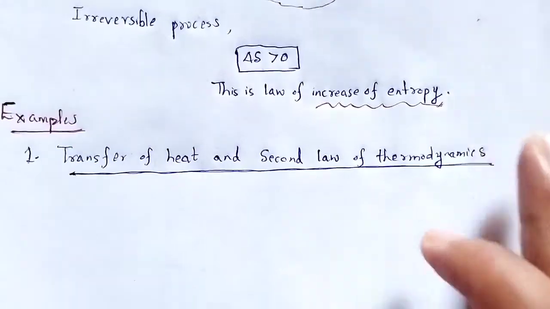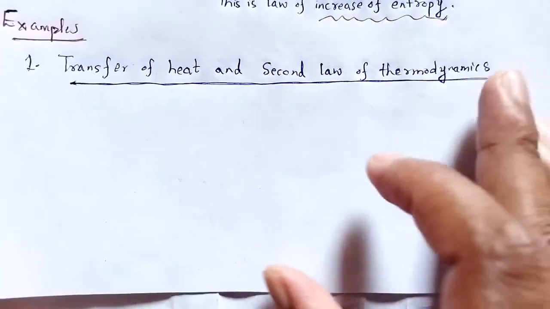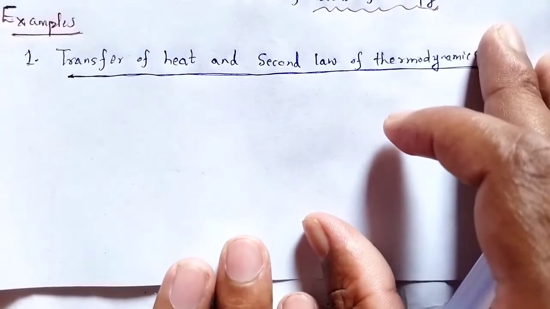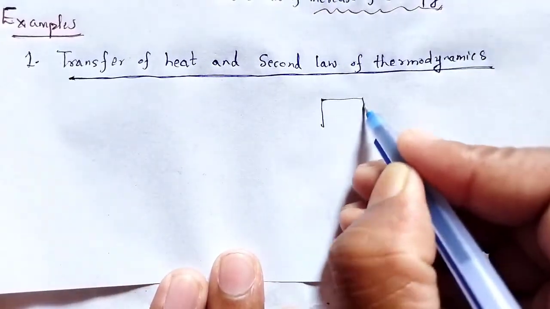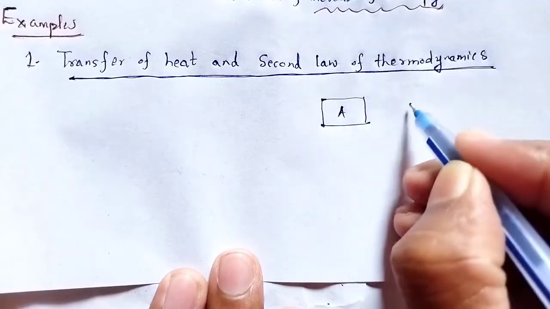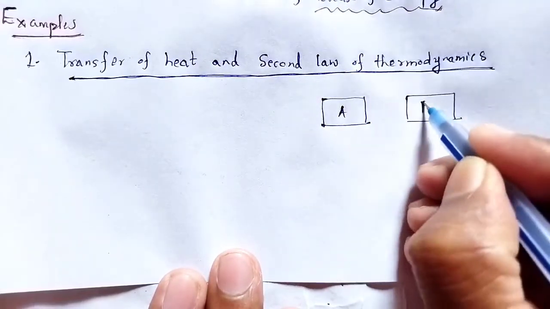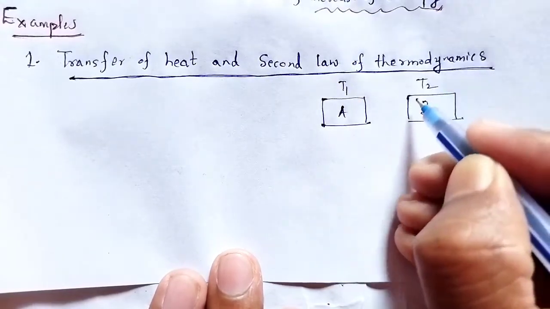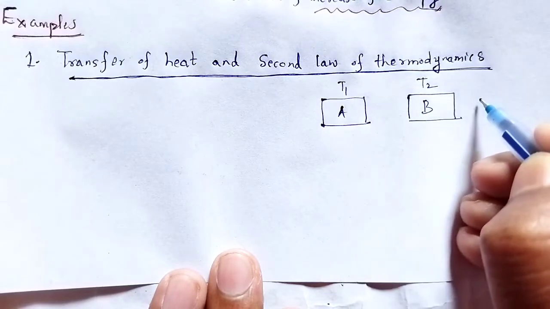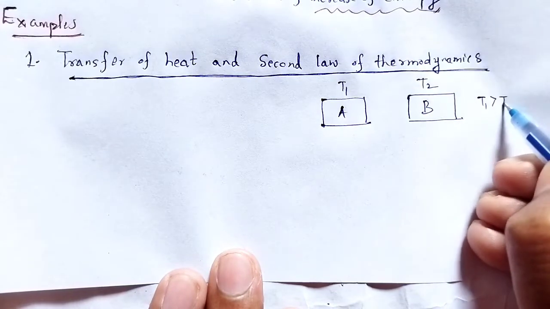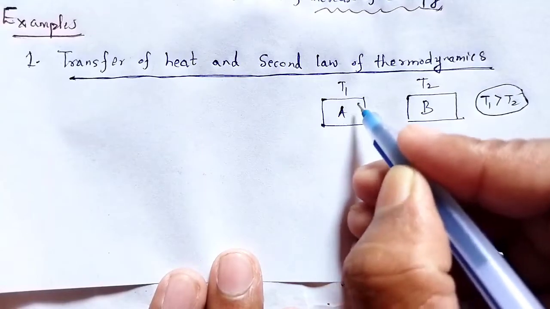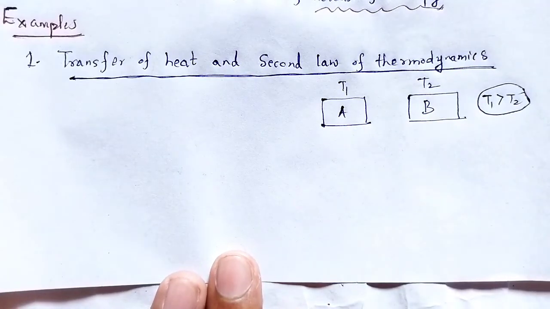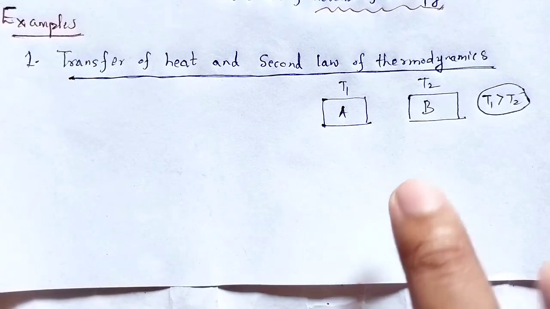So, we have to take two bodies. Let this be body A, and that is another body B. It has temperature T1, it has temperature T2, and T1 is greater than T2, meaning that A is the hot body and B is the cold body in comparison to A. Now, bring the two bodies in contact.